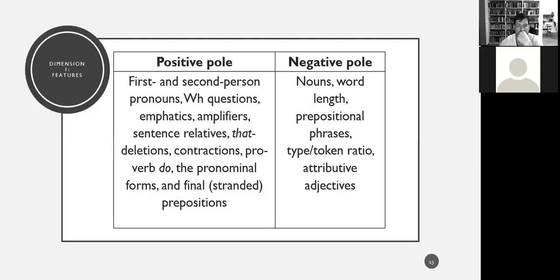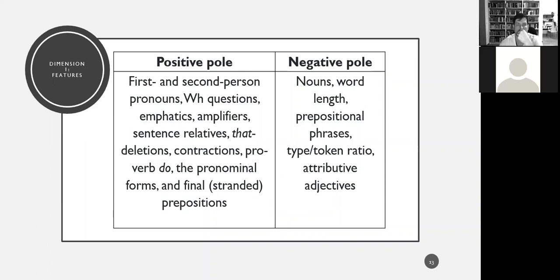And talking about the linguistic features that contribute to the first dimension, on the positive pole, there are first and second person pronouns, WH questions, emphatics, amplifiers, sentence relatives, that deletions, contractions, and so on.